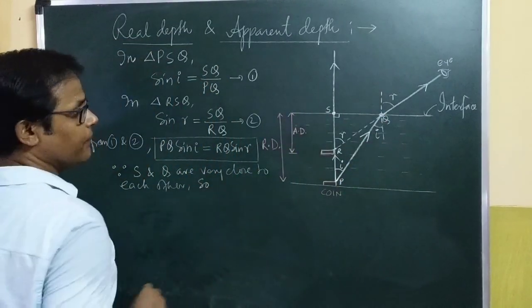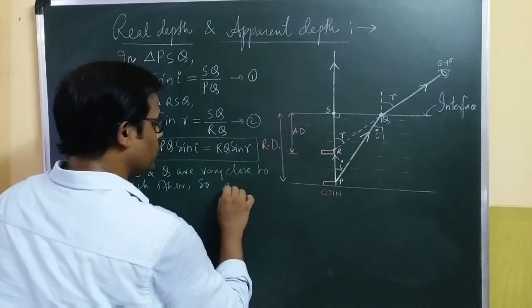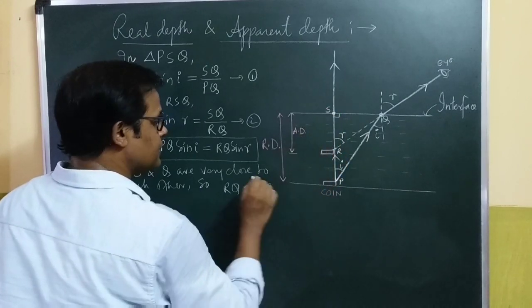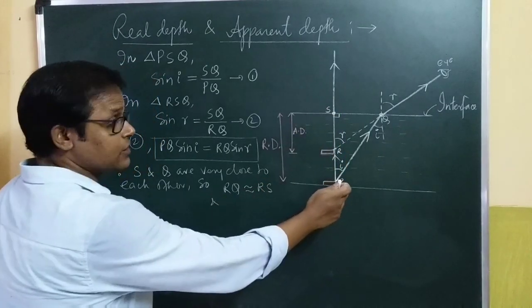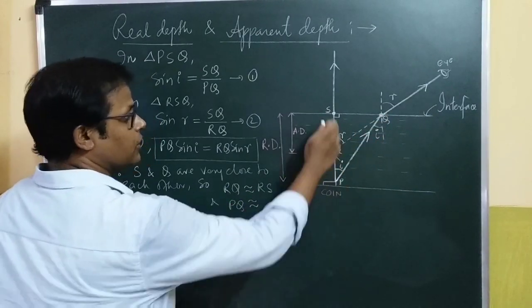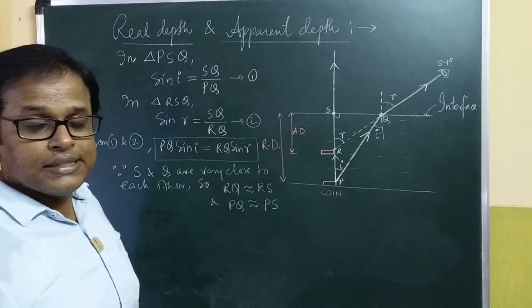We can say this RQ is literally equivalent to the distance RS, and this distance PQ is literally equivalent to the distance PS. Clear?